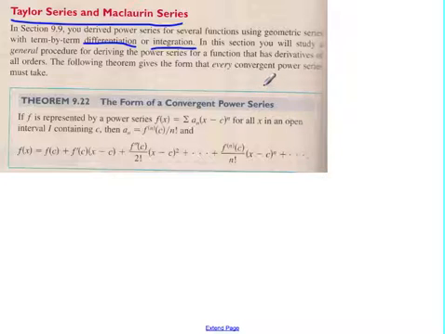In this section, we're going to learn that Taylor and Maclaurin series are a general way for differentiating power series and doing so for all derivative orders. So what the following theorem says is that anytime a power series converges, you've got to not just differentiate it once or maybe the third derivative, but you've got to do it for all derivatives.